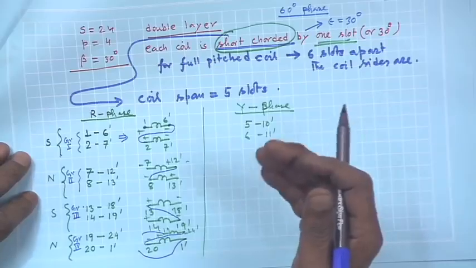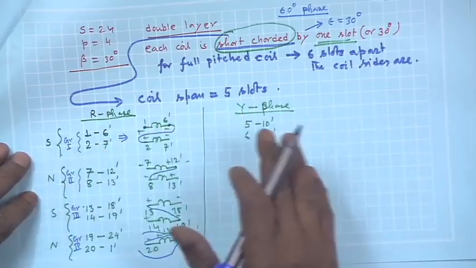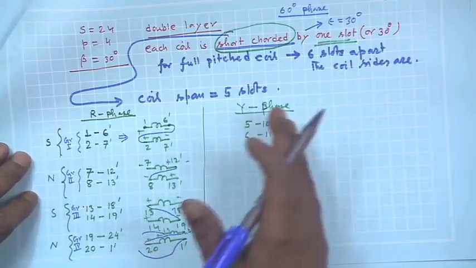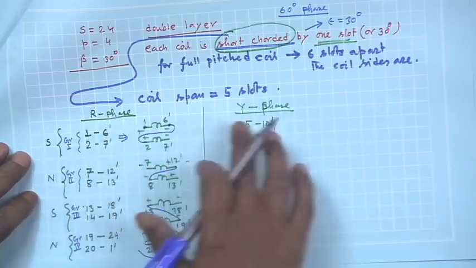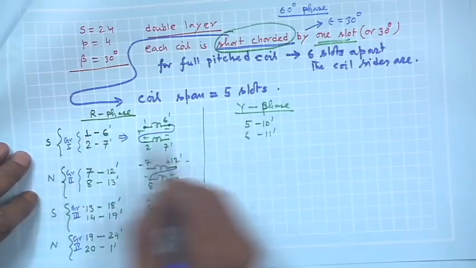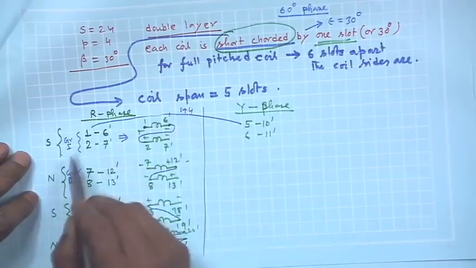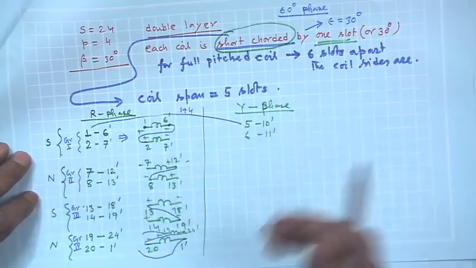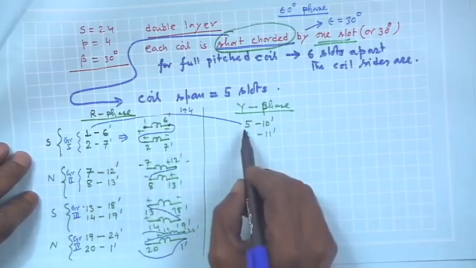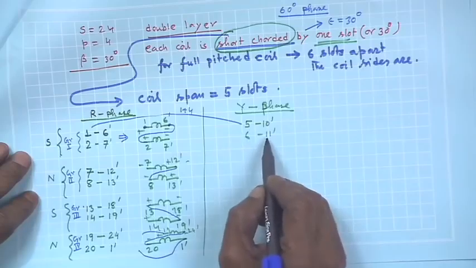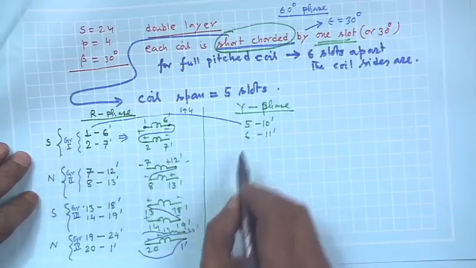Now, for Y phase, short chording a coil by 1 slot does not change all the things; other things remain the same, that is, Y phase should start 120 degree apart. So, that slot number is 4. So, the start of Y phase must be 5, how do I get it? 1 plus 4, because 4 slots correspond to 120 degree electrical. Similarly, 5 to 10 dashed, 6 to 11 dashed, and this is group 1 of Y phase.